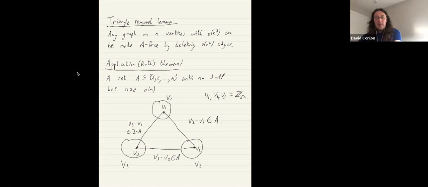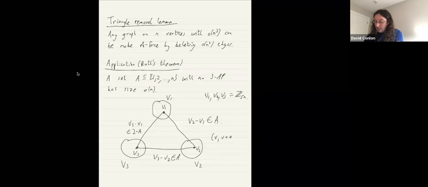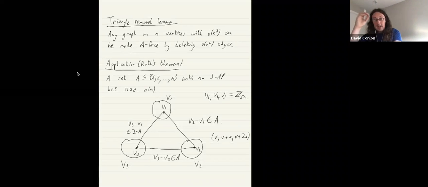Okay, so why are we interested in this particular graph? The reason is that it contains a bunch of triangles. In fact, the triangles it contains are basically things that start with some v and then go to v plus a and then go to v plus 2a. So every element of A gives rise to some triangles.